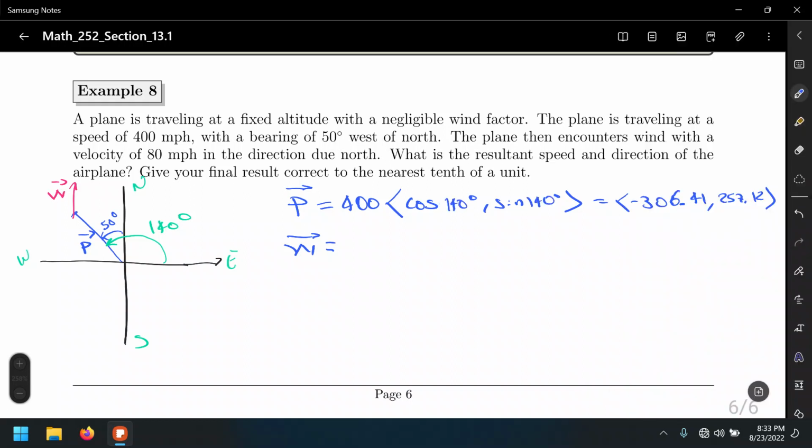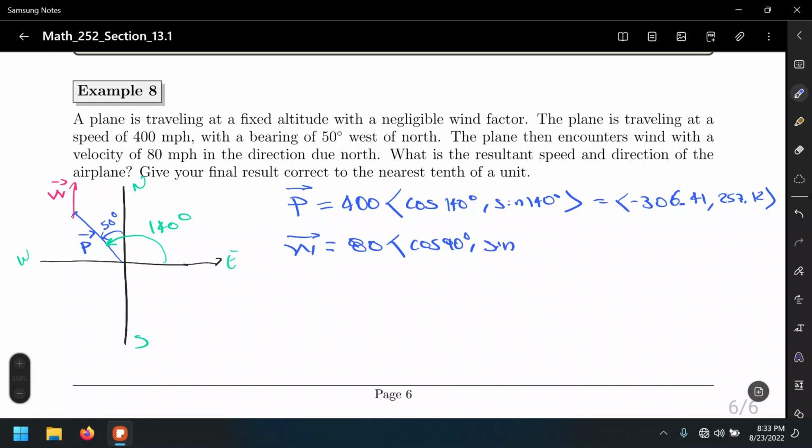140. All right. And now to describe the second vector, we have a vertical vector with a magnitude of 80 miles per hour. It's 0 in the x direction, but because it's going up, let's call this 1 in the y direction. Actually, how about cosine 90 degrees and sine 90, just to be clear where this 0, 1 is coming from.